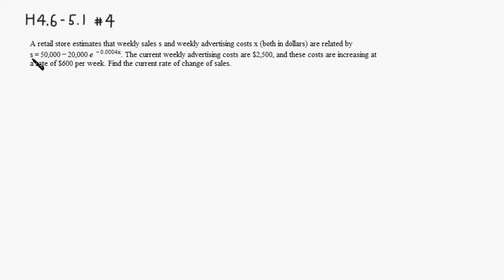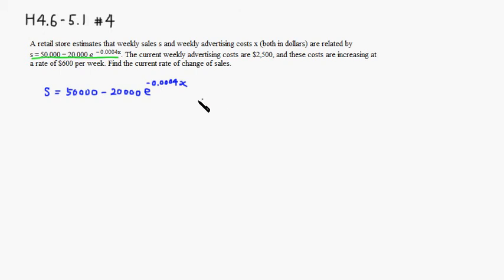So we have an equation here, and I'm going to write that down. S is equal to 50,000 minus 20,000 e to the negative 0.0004x.